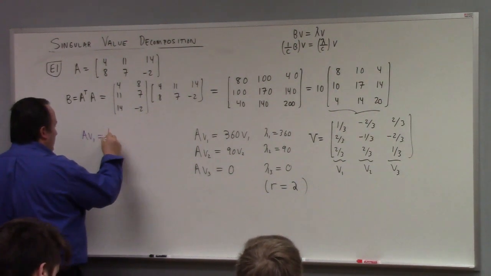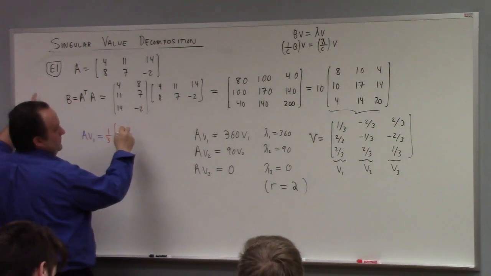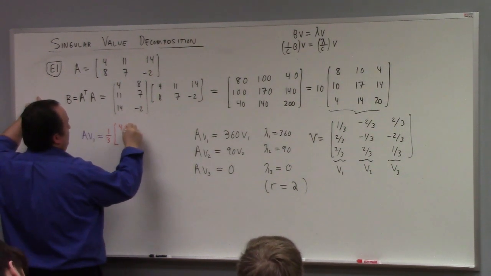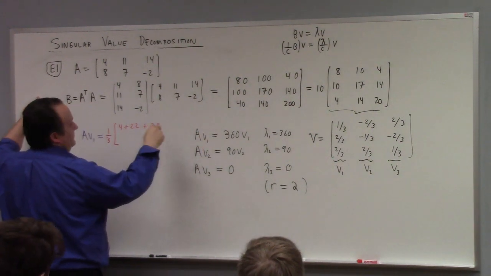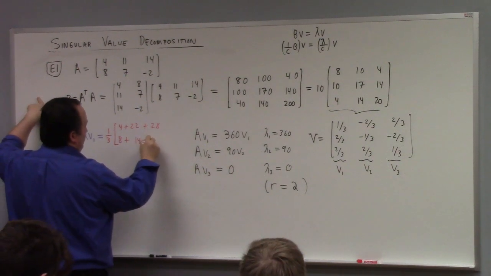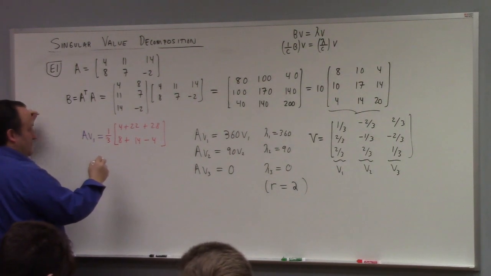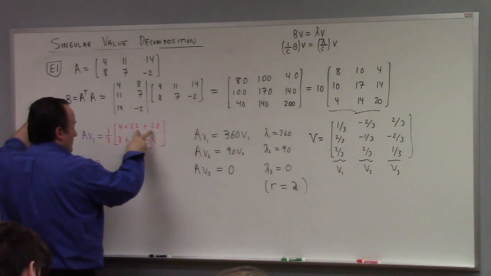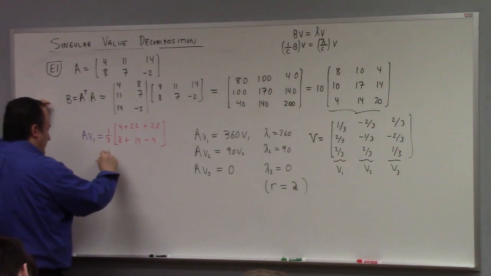Factoring the 3 out. So I've got 4 plus 22 plus 28, and then I've got 8 plus 14 minus 4. So AV1 is actually simply a 2-component vector. That's nicer. And 22 plus 28 is 54 divided by 3.